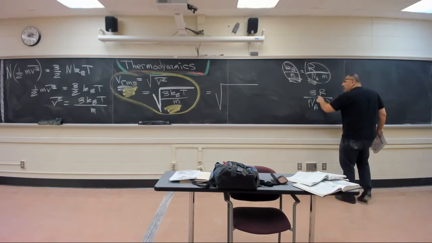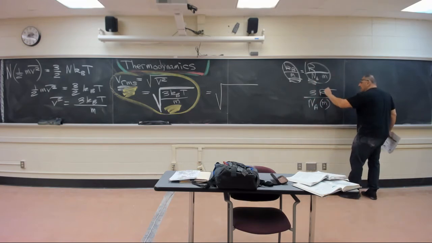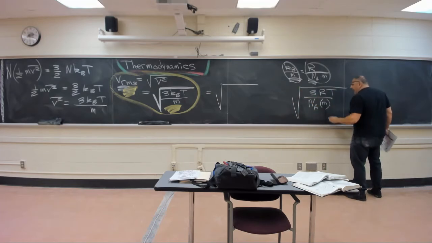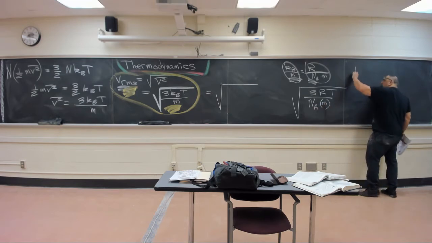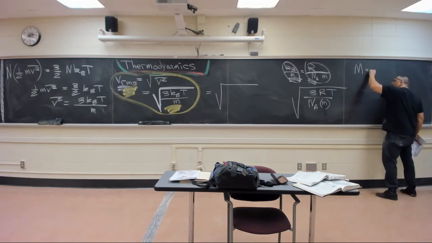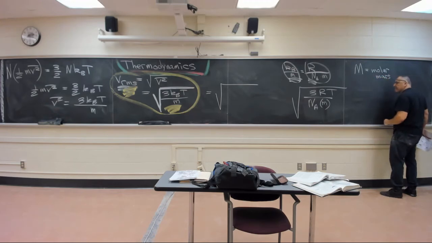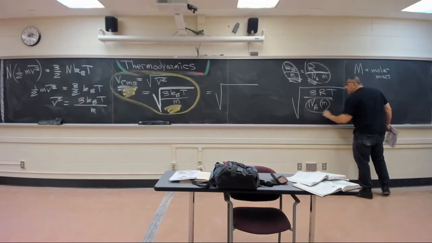3 is 3. T is T. Yeah, the mass of a single particle times Avogadro's number is equal to the molar mass. That's the molar mass.